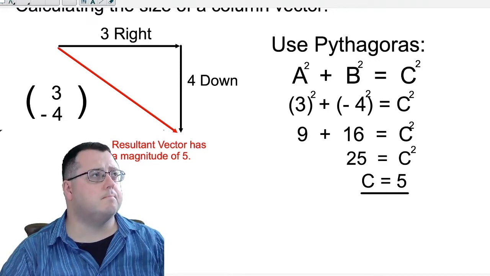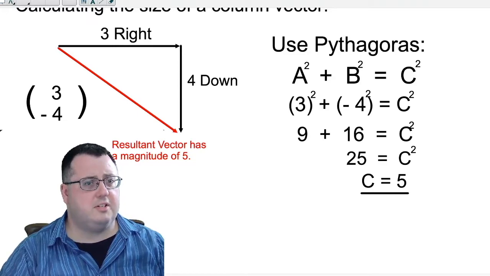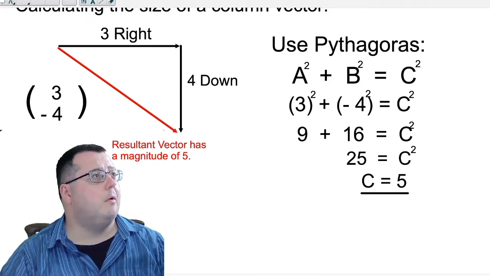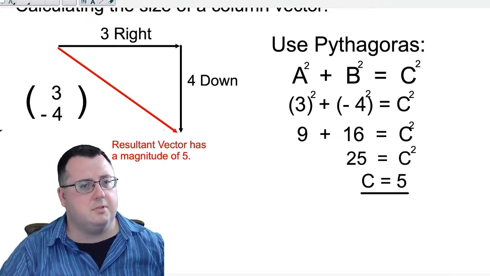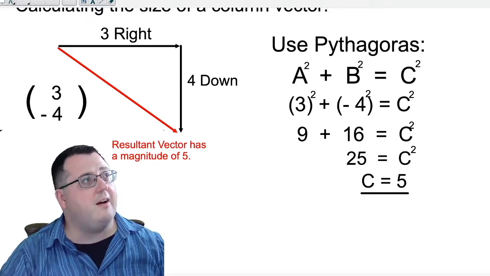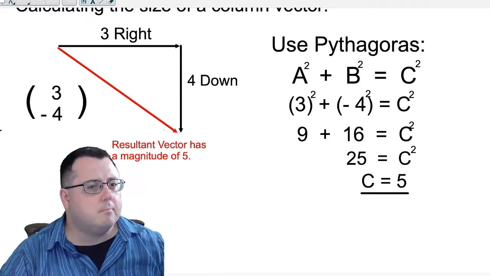So 3, negative 4 means 3 to the right and 4 down. Now what if I wanted to go straight from my starting position to my ending position? I'd follow the red arrow there, yeah? That red arrow is known as a resultant vector.